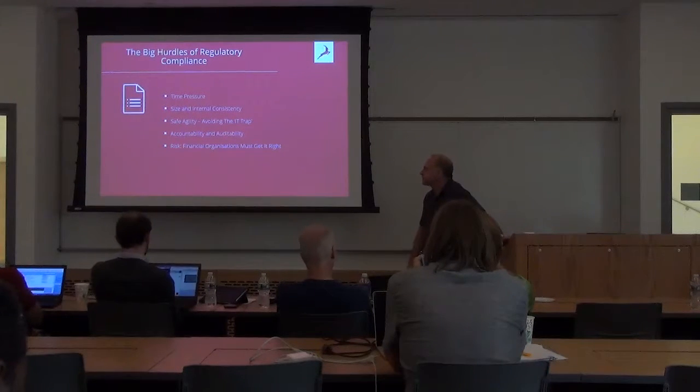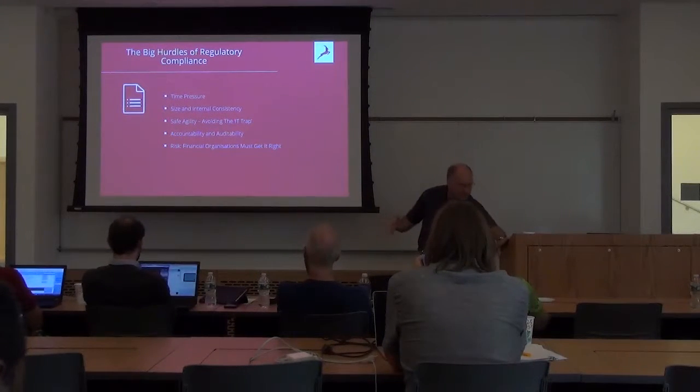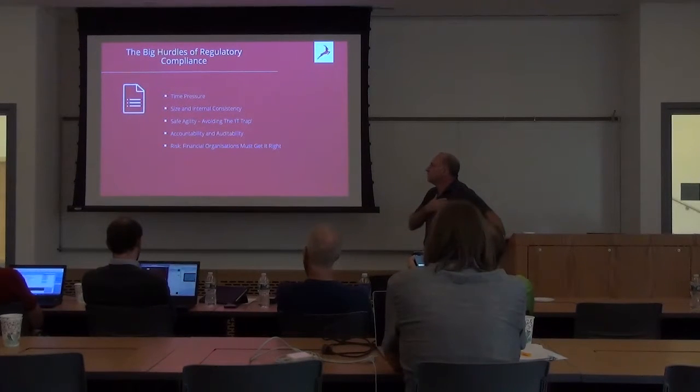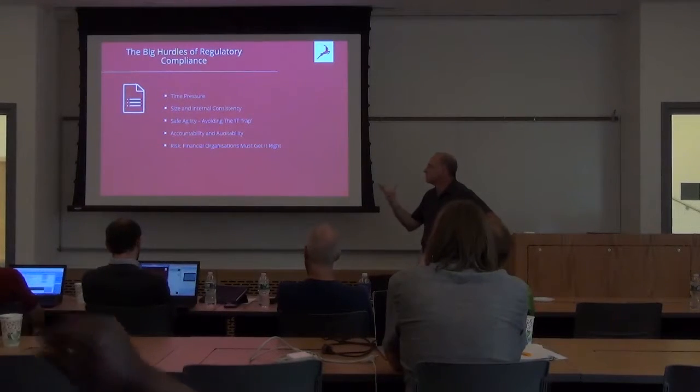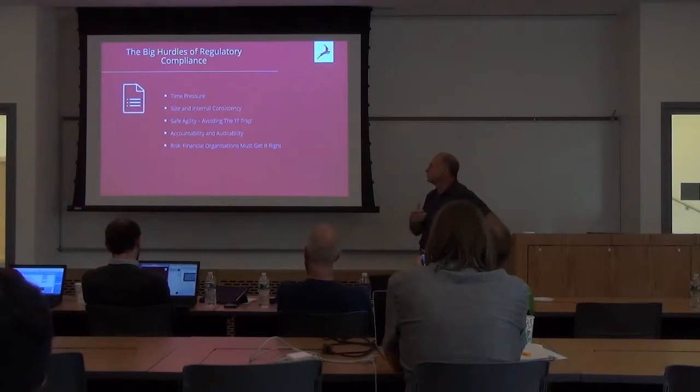So again, these are the time pressures, and overcoming the hurdles of those time pressures, the size of the internal effort, and the consistency of the regulations are huge. They're not consistent, as we said.